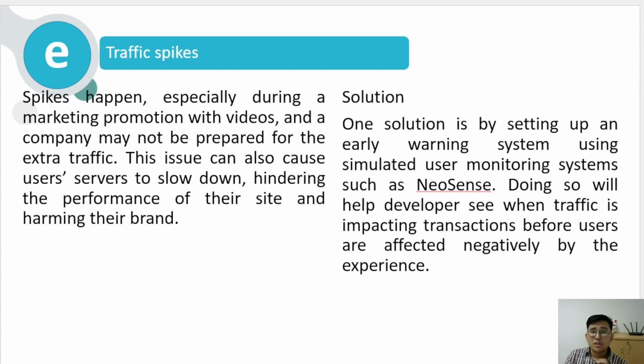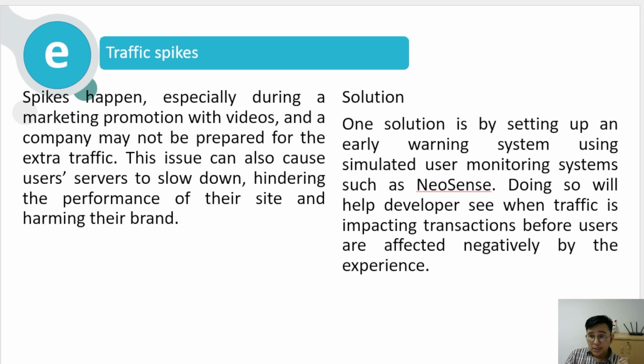So this issue can also cause the server to slow down, hindering the performance of the site and harming us as the developer, and even our brand if we have one in our web-based technology.